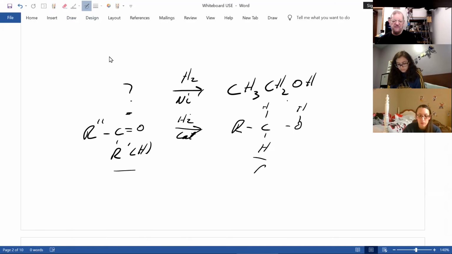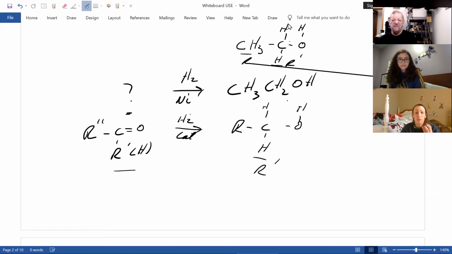So this R prime is really a hydrogen. And if we come over here, because I can rewrite this like this, R prime is hydrogen, R double prime is methyl.